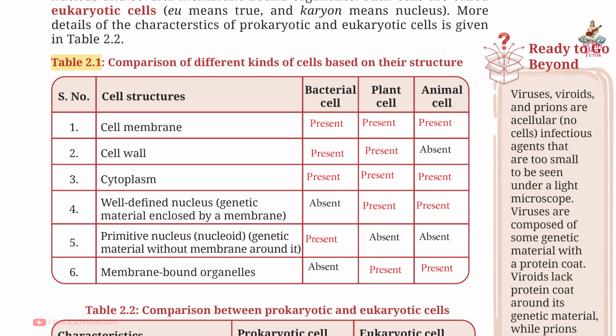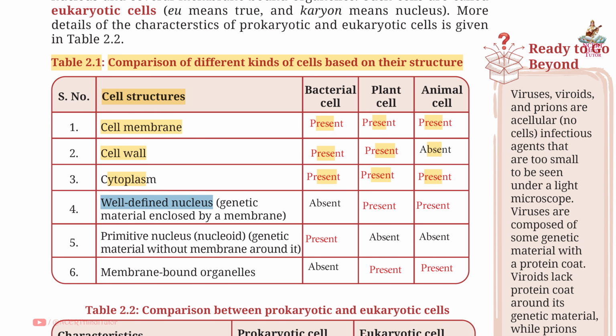Table 2.1 Comparison of different kinds of cells based on their structure. Cell structures. Cell membrane: bacterial cell present, plant cell present, animal cell present. Second, cell wall: bacterial cell present, plant cell present, animal cell absent. Next, cytoplasm: present in all three.